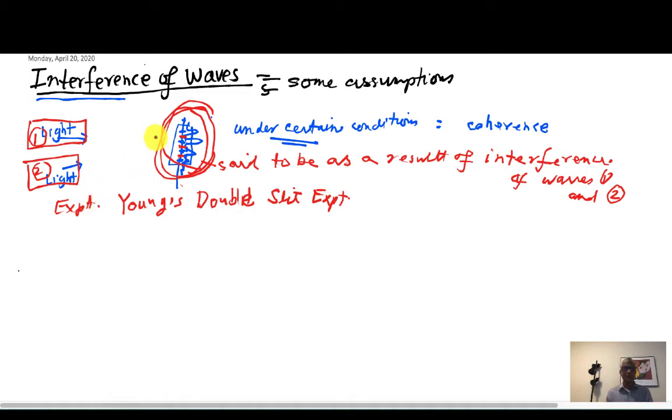So suppose this was a bullet, suppose you were shooting bullets in there and they came together over here, then these guys will not give interference. No interference.